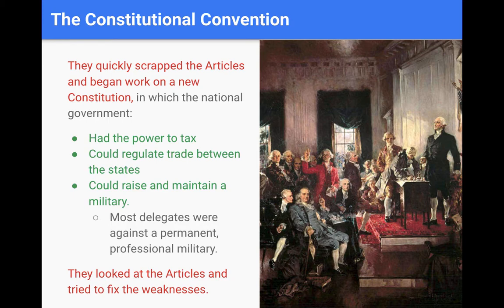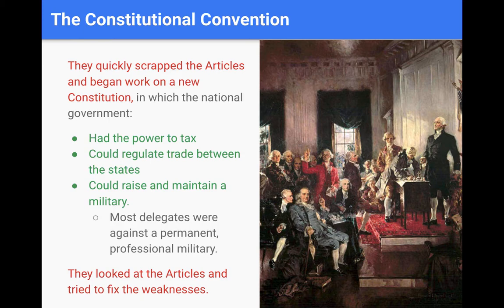That becomes very important because you have the threat of Great Britain in the world, the threat of Spain to the south in Florida, and the threat of even France, even though they're starting to go through the French Revolution at this time. But one of the things a lot of people don't realize is that most of our founding fathers and most of the delegates at the convention were against having a permanent professional military. They saw that as unnecessary and as giving too much power to the national government.